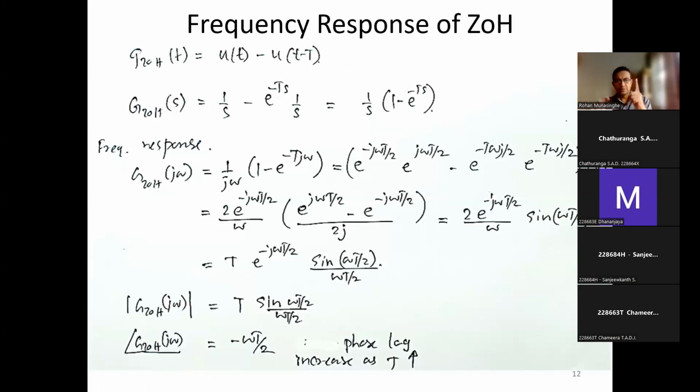One step, and that's it. So if you know the pulse response of a block and you get the Z transform of the pulse response, it is the discrete time model of the block, okay, that we have figured out maybe last week.